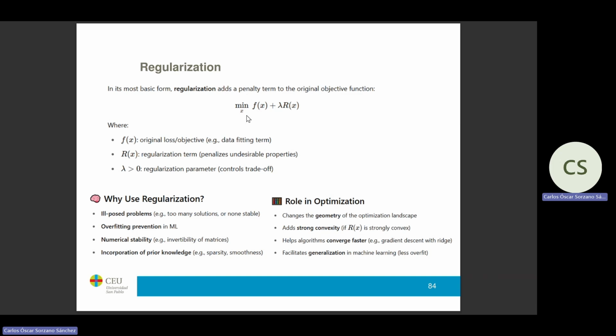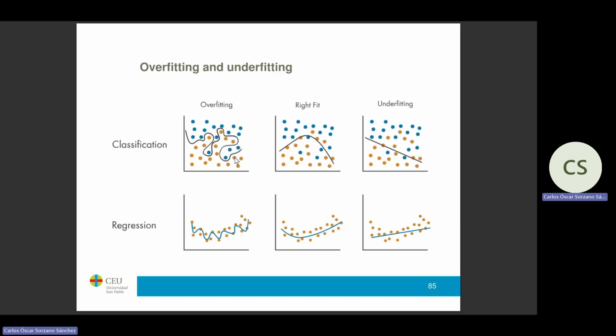So on top of the shape of F, you are adding something, and that is changing the geometry, the curvature, and all that. And so in general, they converge faster. In machine learning, they help to generalize because otherwise you are probably overfitting the training data.